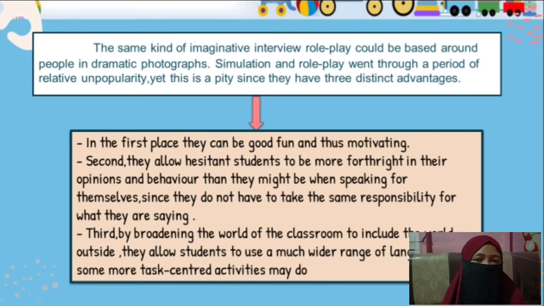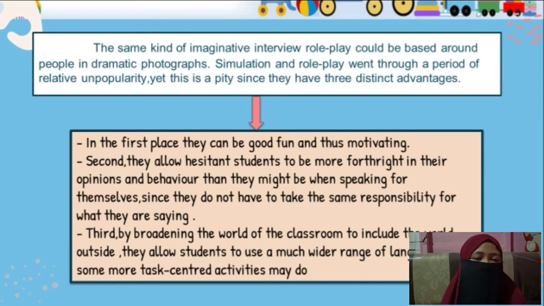Simulation and role play went through a period of relative unpopularity, yet this is a pity since they have three distinct advantages. In the first place, they can be good fun and thus motivating.